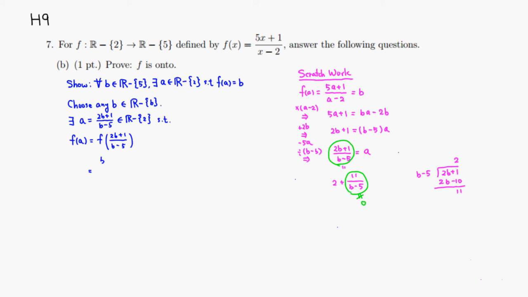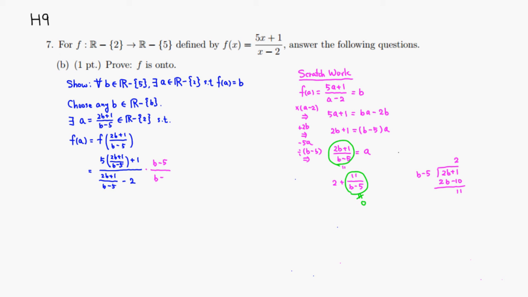So it's 5 times 2b plus 1 over b minus 5, plus 1, over 2b plus 1 over b minus 5, minus 2. The easiest way to simplify is to multiply numerator and denominator by b minus 5, so that I can get rid of the fraction inside a fraction.